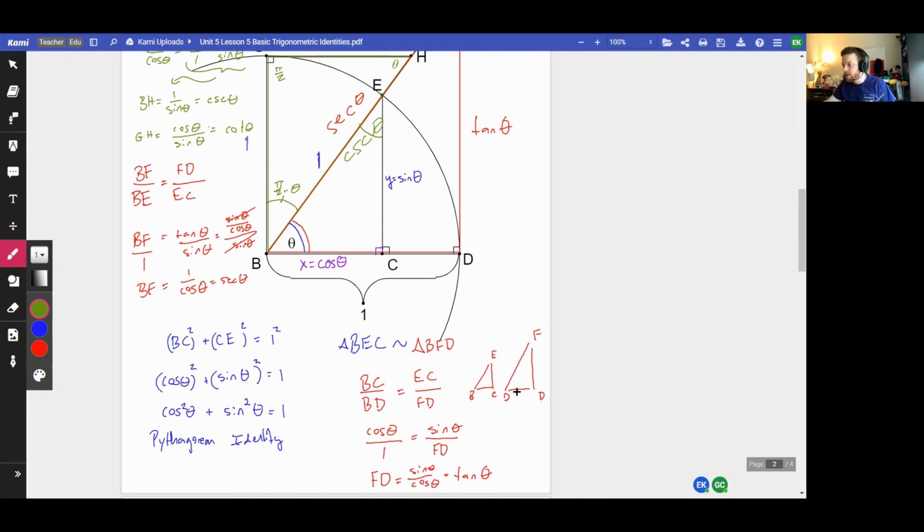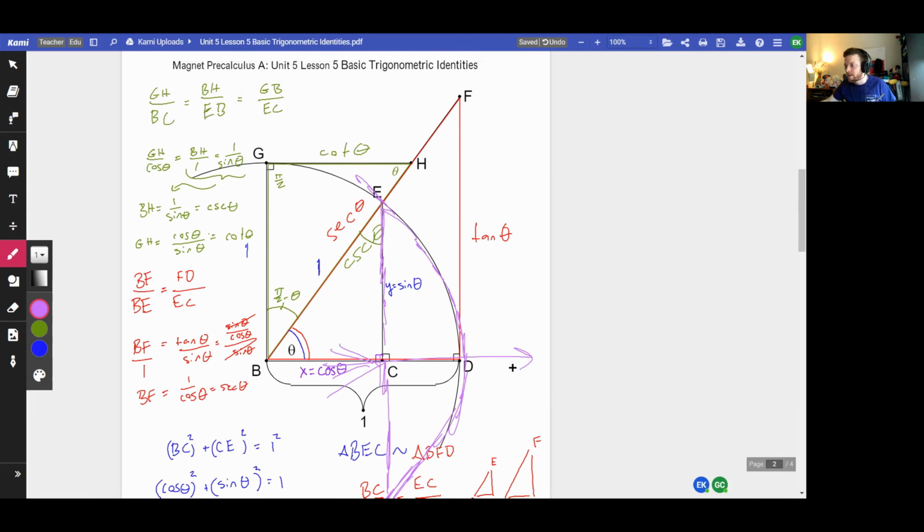If I were to extend my arc here, this arc in purple, and extend my sine segment, it's almost like the bow of a bow and arrow. So I'm pretty sure that's why it's called sine. Tangent and secant we know in terms of geometry. Sine is the odd one out, but it's derived from the bow and arrow going on in this thing.